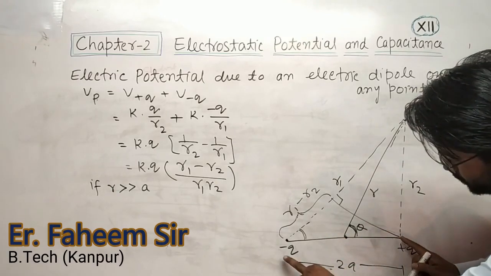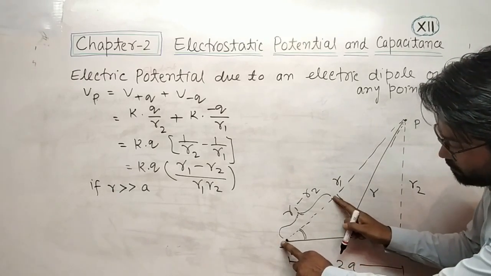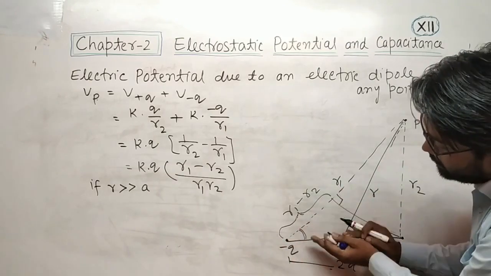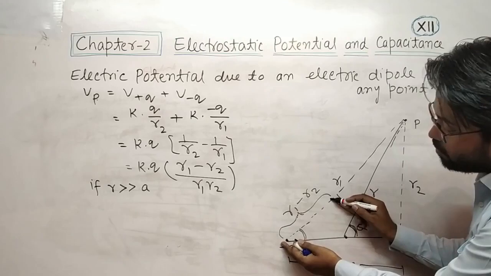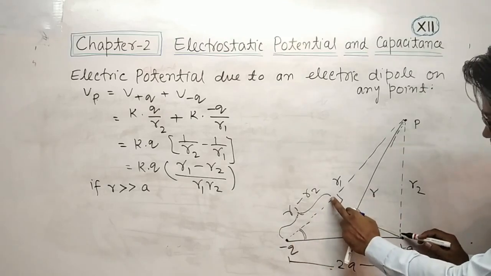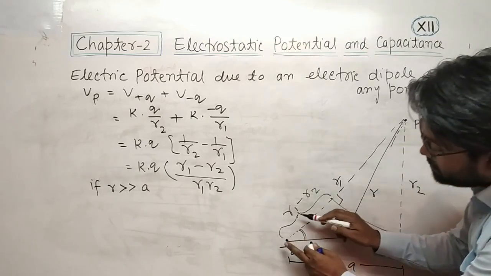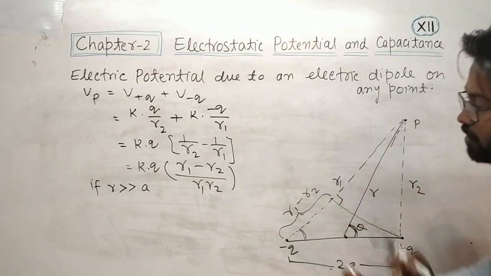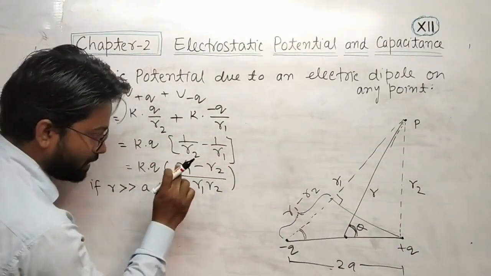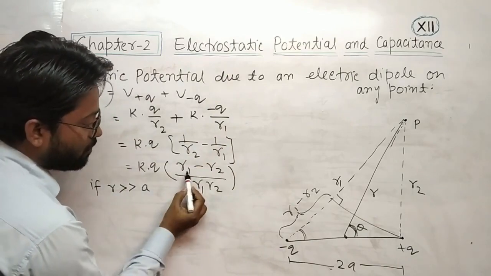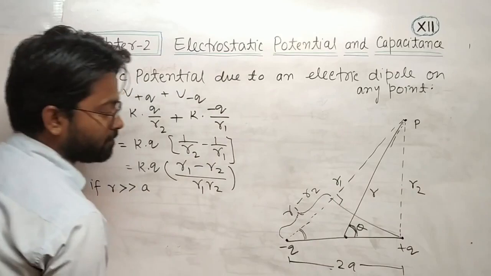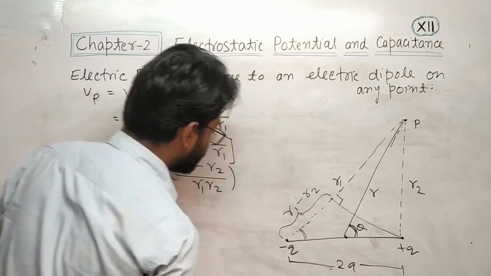If this is 2a, then along theta it will be 2a cos theta, and this will be 2a sin theta. So R1 minus R2 is equal to 2a cos theta. We can write in place of R1 minus R2 as 2a cos theta.